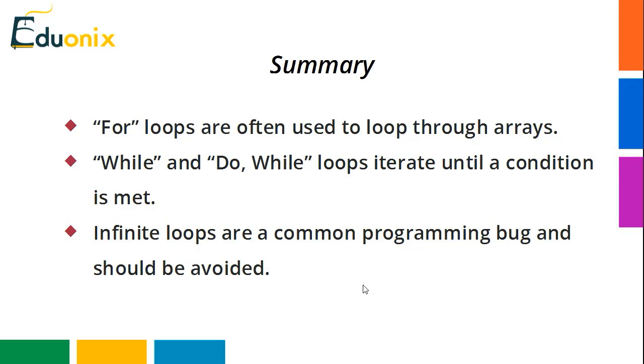And infinite loops are a common programming bug. What you have to do is make sure that inside your while and do while loops, the condition is changed, and that makes sure that at some point the while and do while loop stops iterating. In the next lesson I will be talking about something called a switch statement, and then we'll be returning to this kind of shuffling and application programming in a following lesson.